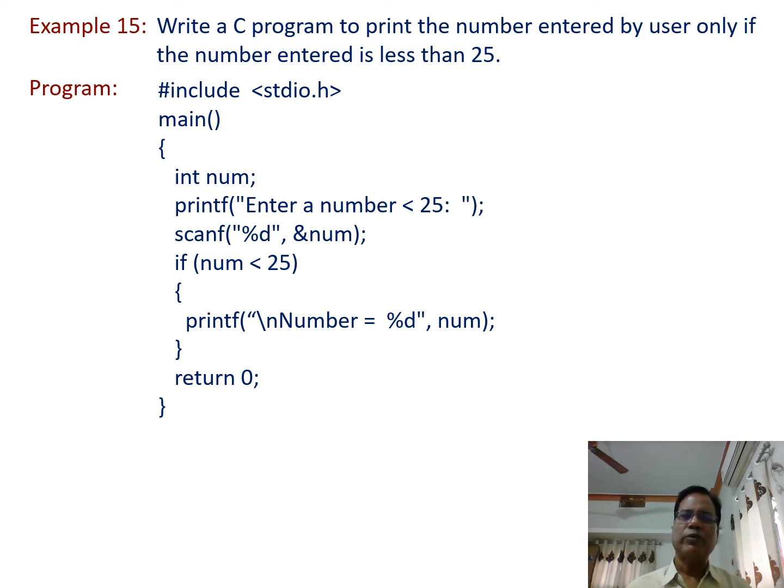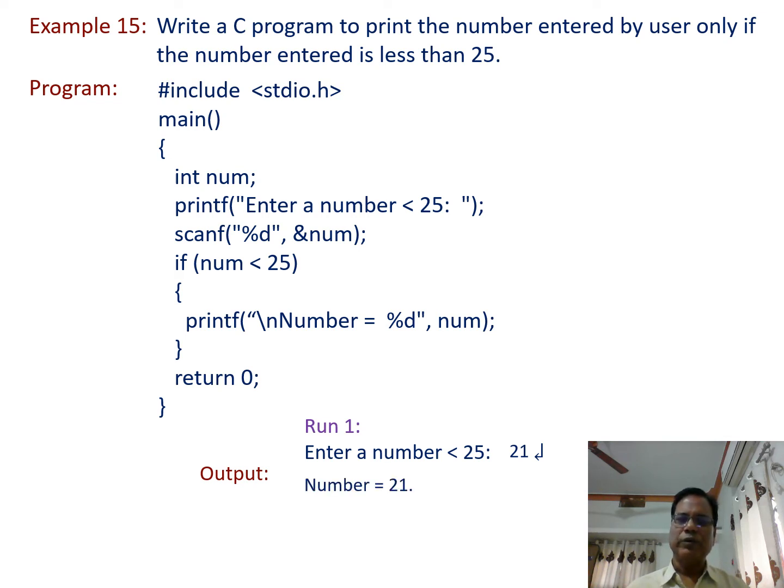So when this program is run, we have to run this program twice. In the first run, if we enter a number less than 25, and suppose we enter the number 21 and press the enter key, we get the output number equal to 21.